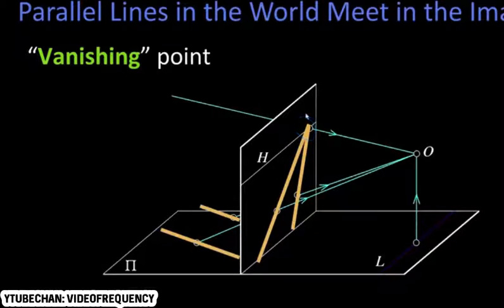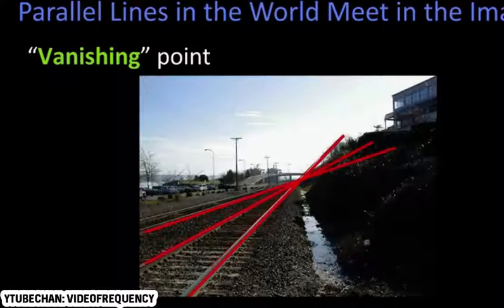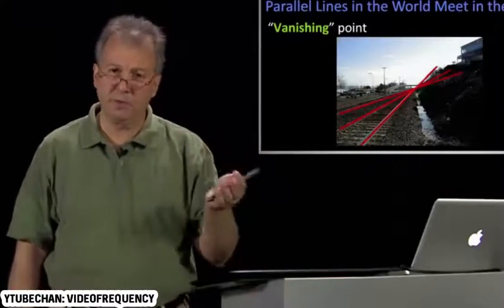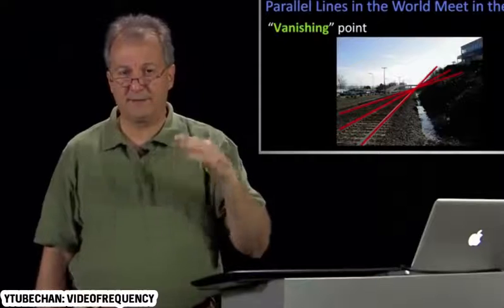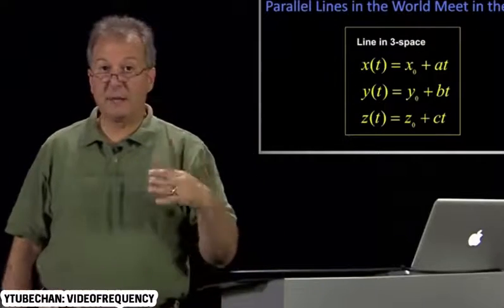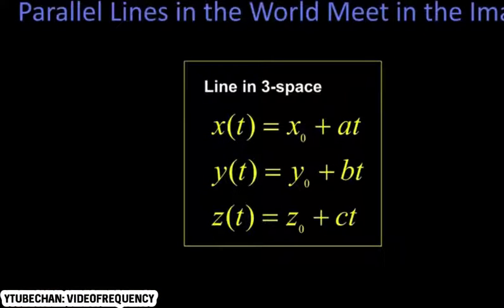And the canonical example of that is always railroad tracks, where the tracks themselves all converge to some point. So we can sort of intuitively think about that, but what's really cool is you can see that directly from the mathematics of it. So let's think about what a line in 3 space is. So a line in 3 space can be parameterized by a single value, a single parameter. So in this case, we're going to use t.